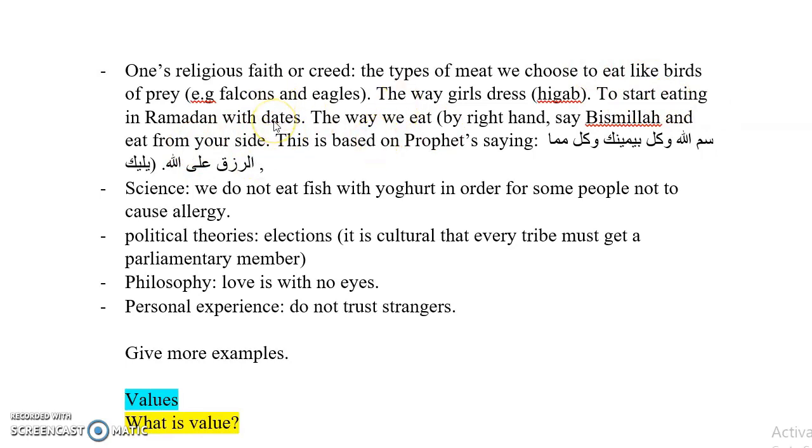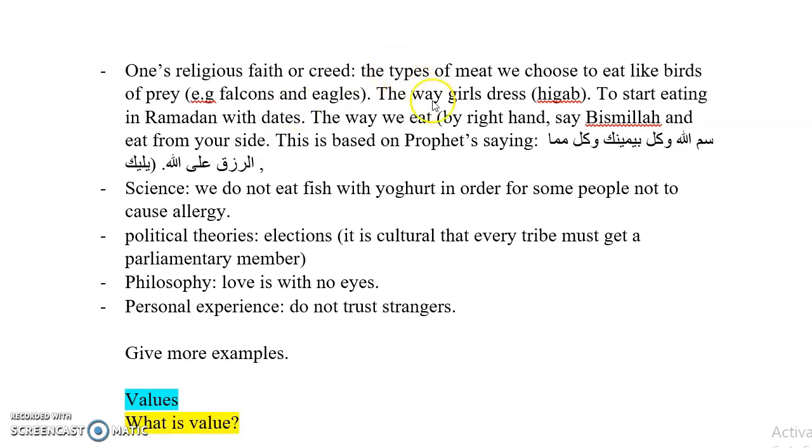This has a religious basis that depends on the saying of Prophet Muhammad, peace be upon him, regarding dates, that we have to start our meal by having a date. Actually, it has a medical basis, but it was mentioned before by some religious creed, so it becomes a kind of our beliefs.